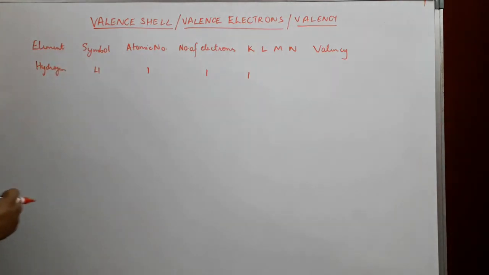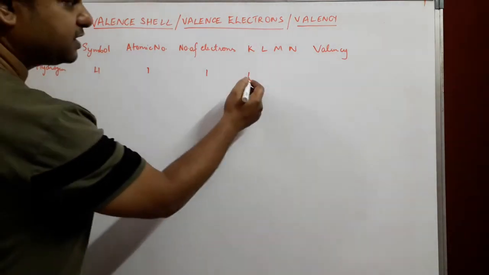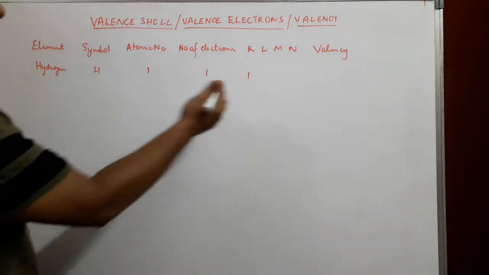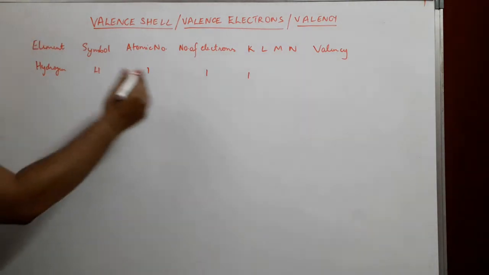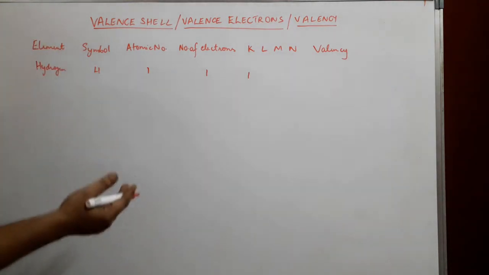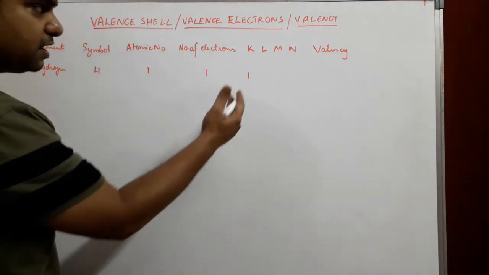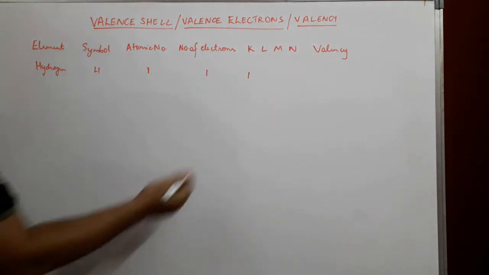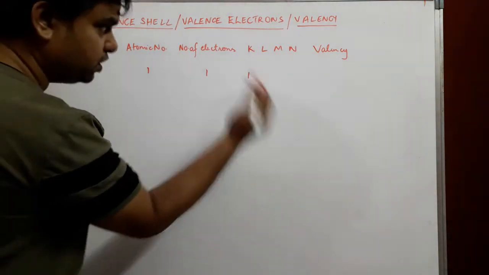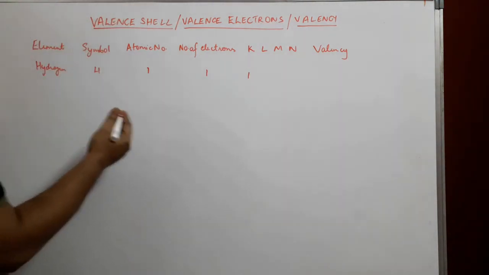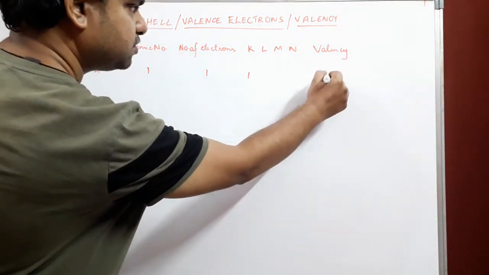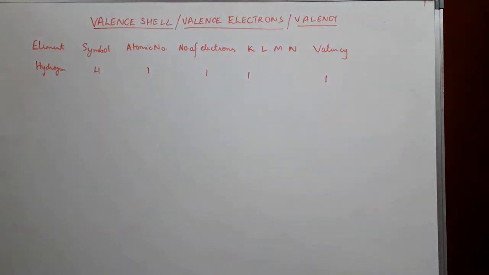It holds on to it very tightly, and it can't accept another electron because the space over there is too small. In such a case, hydrogen ends up sharing its electron with another element which has a spare electron to share. So there is only 1 electron in the outermost shell. It occupies only 1 shell, hence the valency of hydrogen is 1.